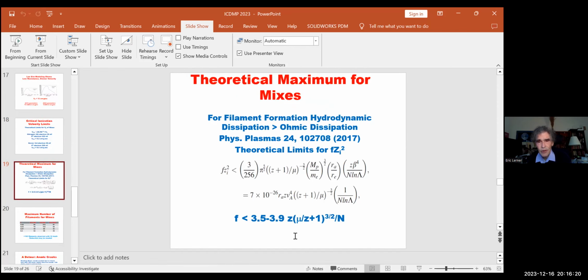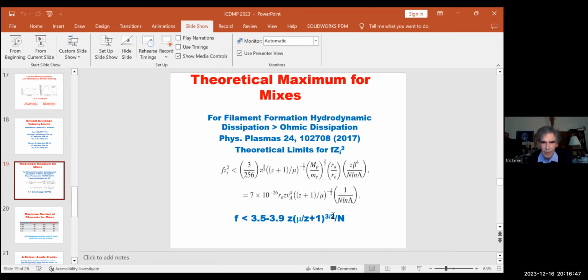A second consideration we realized came from our 2017 calculations of the effects of high Z impurities. Basically, there's a very simple consideration that for filament formation, hydrodynamic dissipation has to exceed ohmic dissipation. Because if you have ohmic dissipation dominant, the current wants to spread out.